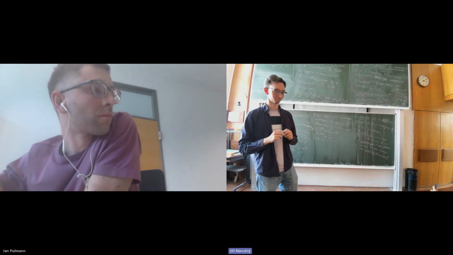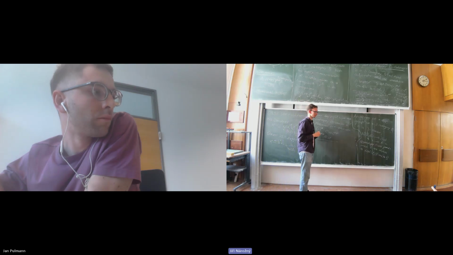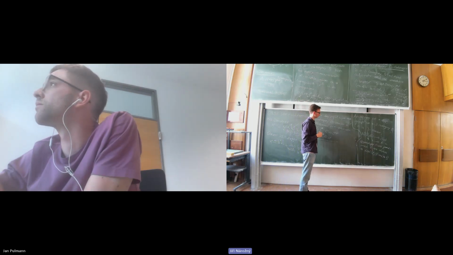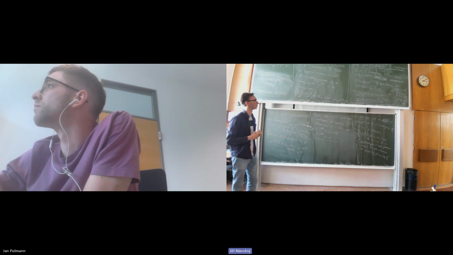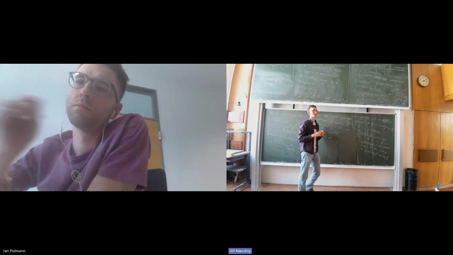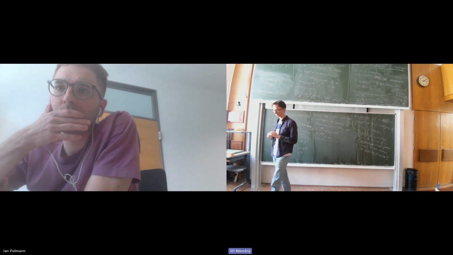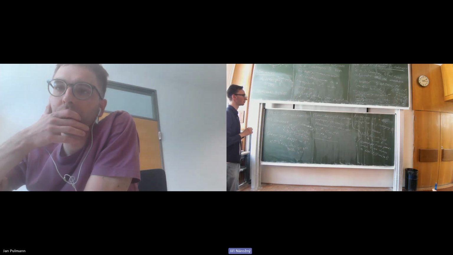So is the antipode somehow involved in this business here? That's a great question. Let's see what could be a true statement. Here I really need the symmetric monoidal structure for this construction. And in general, the representation category of a Hopf algebra is not symmetric, right? So there's definitely some discrepancy here.